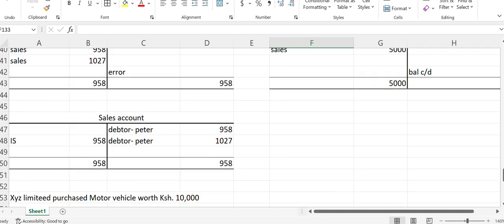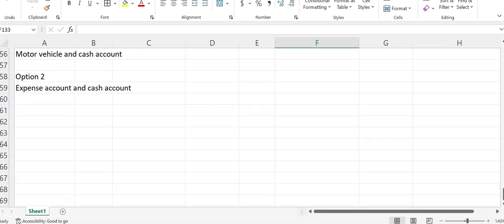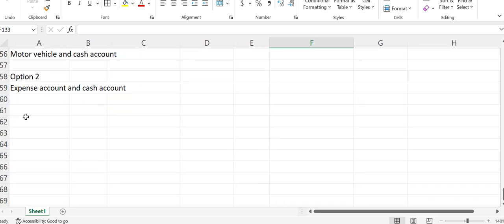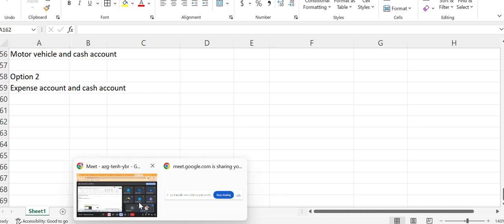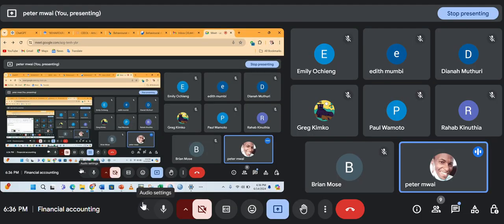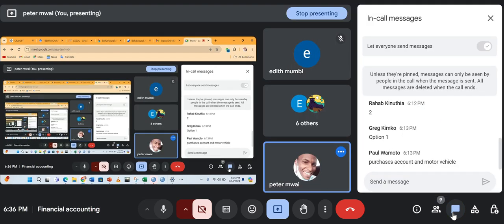Tuko sawa? Any question before we do an illustration? Any question? Swali? Paul alikuwa na ideas zingine lakini we've already explained that.